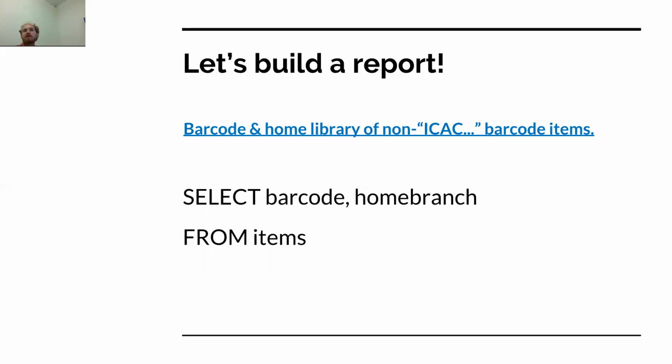So WHERE barcode, exclamation point equals, single quote, ICAC, single quote. That's very close, but that will pull back everything, because it's going to pull back all the ones that don't exactly have the barcode ICAC.